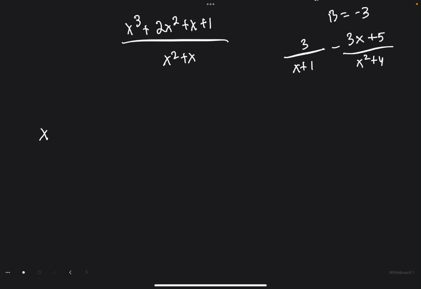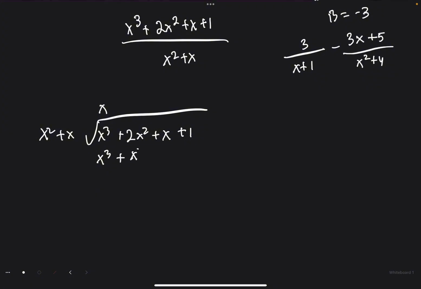So x to the third plus 2x squared plus x plus 1, x to the third, and then you do plus x squared. Again, you want to be able to match your first term. So that's just going to be x squared plus x plus 1.